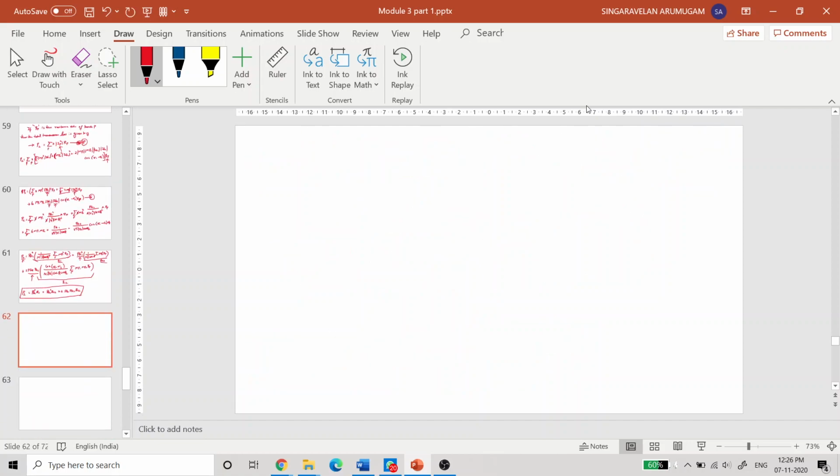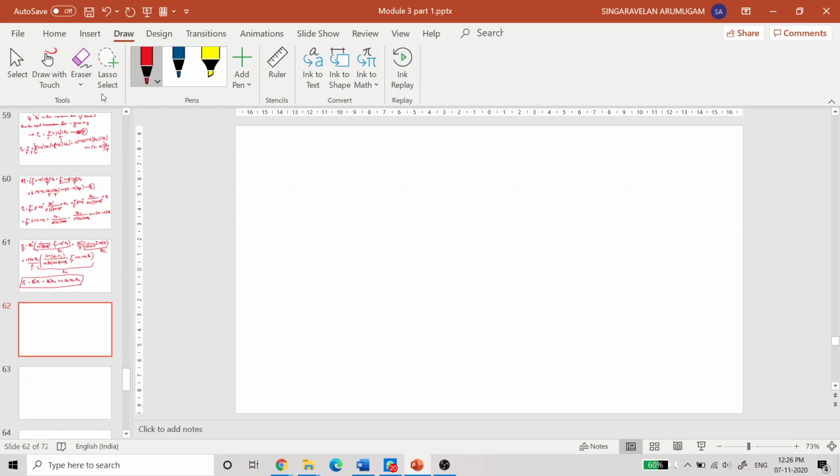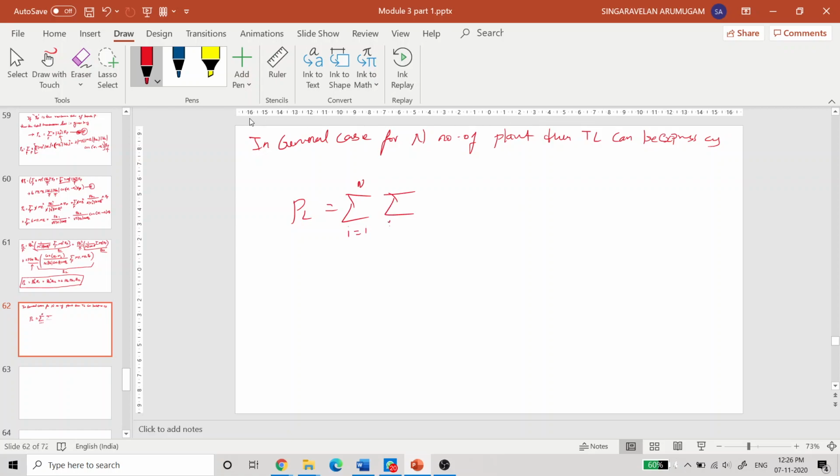So in general, for the general case of n number of plants, the transmission loss can be expressed as PL equals the summation over i equal to 1 to n and j equal to 1 to n of PGi Bij PGj.